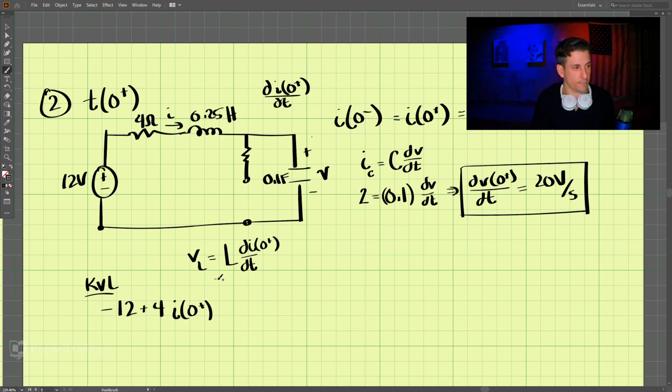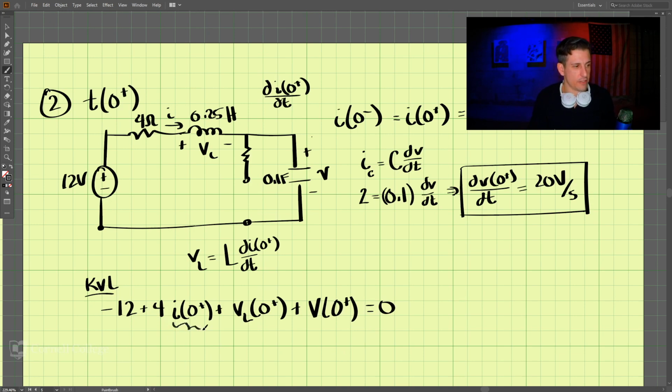And then we're going to call the voltage across the inductor VL. So we'll say plus VL(0+), that's the voltage across here at 0+. And then we have our voltage across the resistor, which is plus V(0+), is equal to 0.